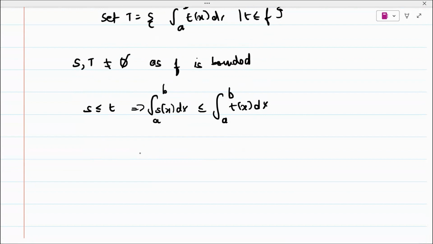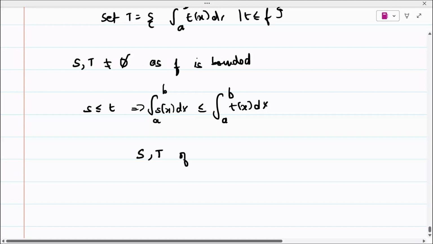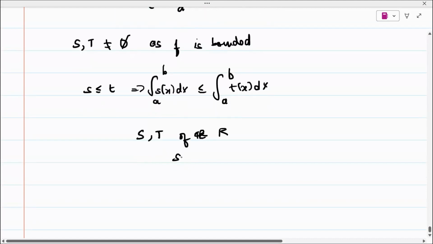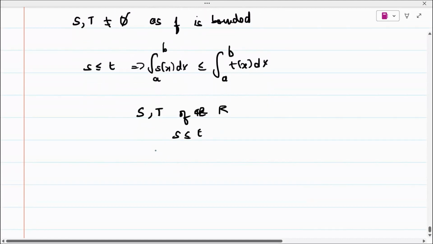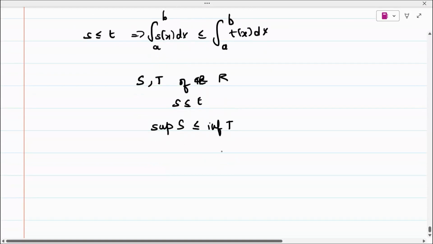Therefore, we also have used the supremum theorem, which says that given sets of real numbers, and s is less than or equal to t, this is just a crude presentation of the theorem, assuming the highest value of s is less than or equal to the lowest value of t.